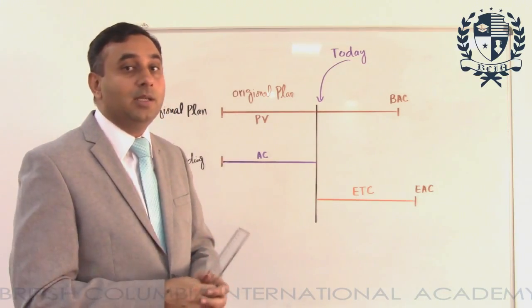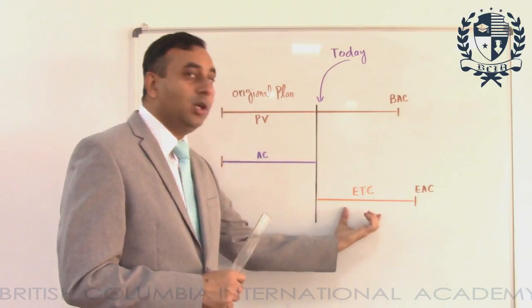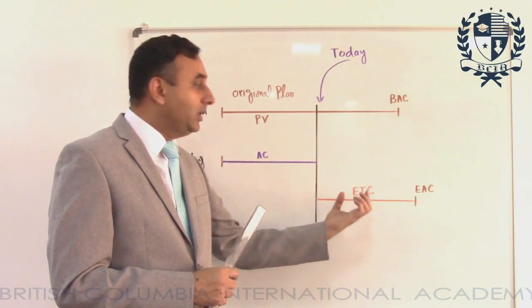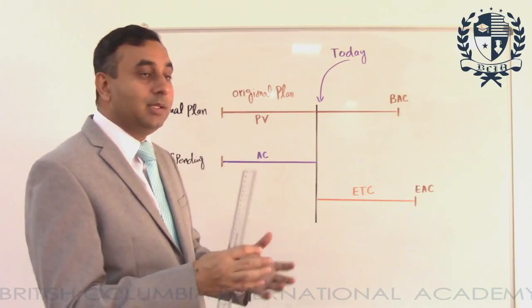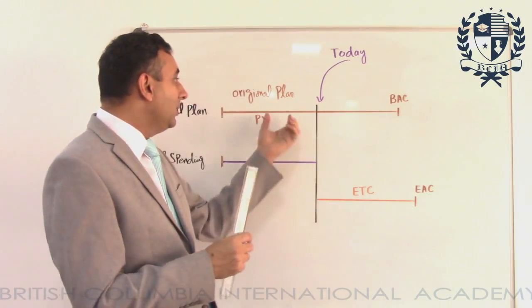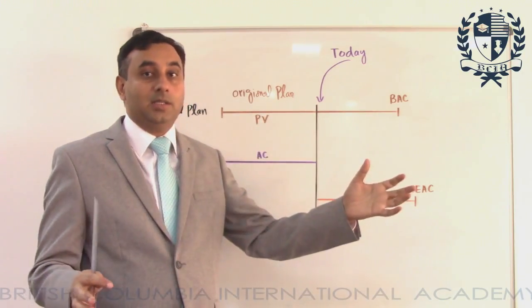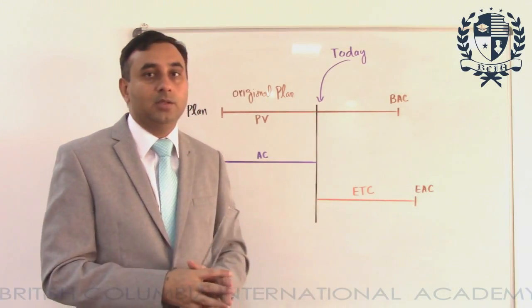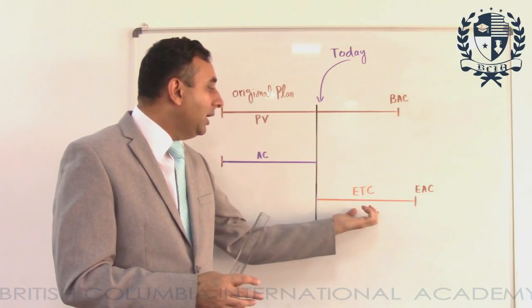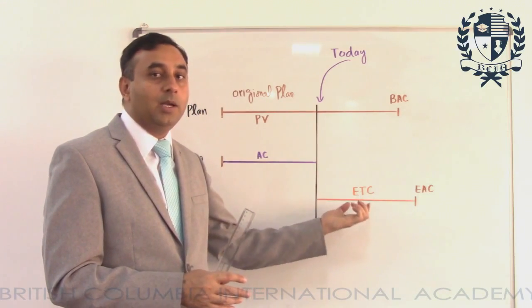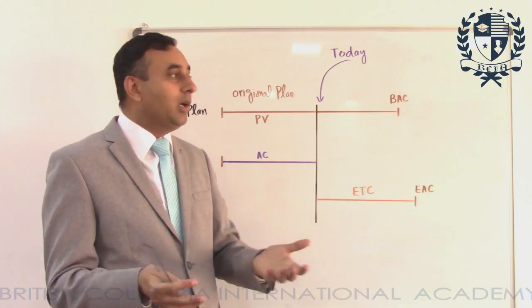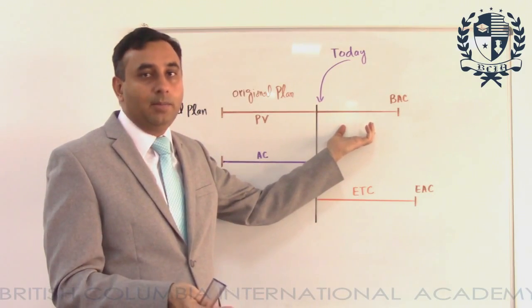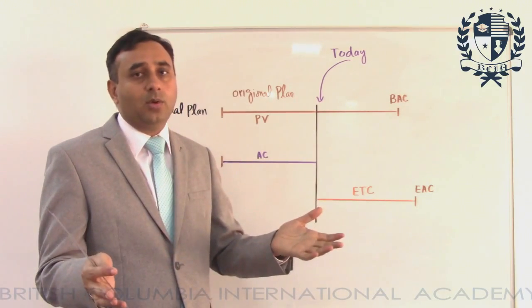That additional amount is known as estimate to completion. This is not additional from the remaining, but the total additional amount which is required to complete the remaining scope. And if the estimate to completion is equal to the remaining budget we have, it's okay, no problem.